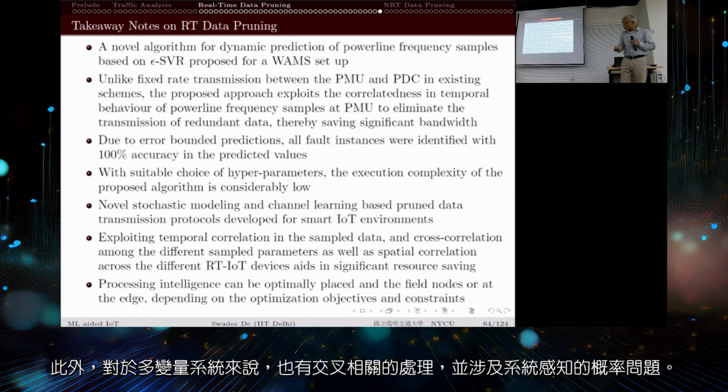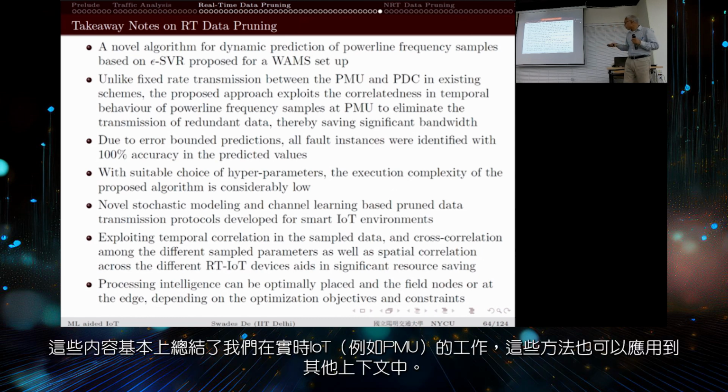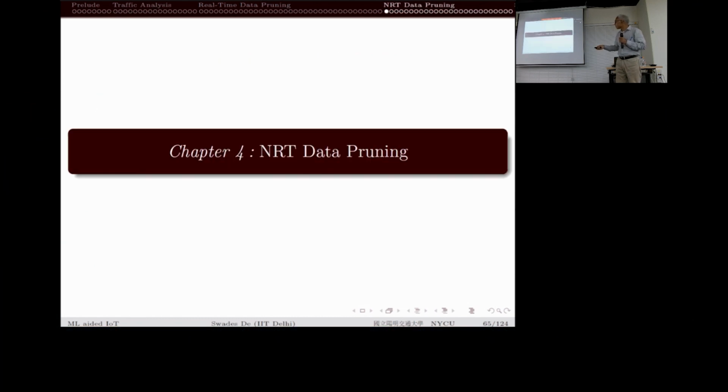Hyperparameters are the SVM parameters. The complexity is kept low, and so on. And cross correlation for the multivariate system, and this is about the system aware tunability. Okay, so this closes our real-time IoT, with PMU as an example. This can be mapped to other contexts further.